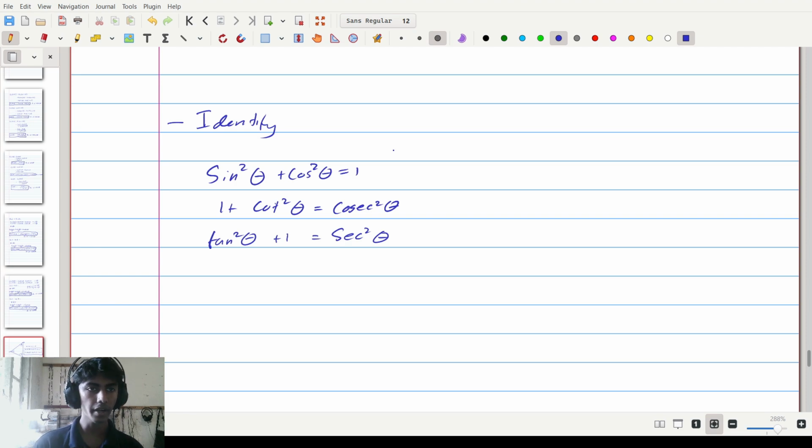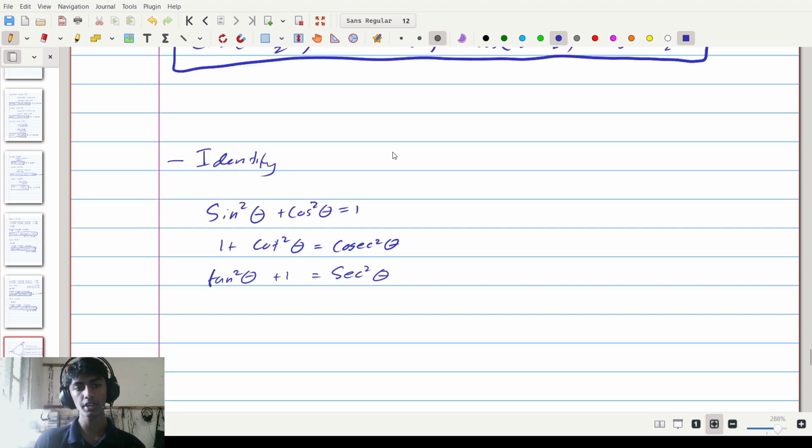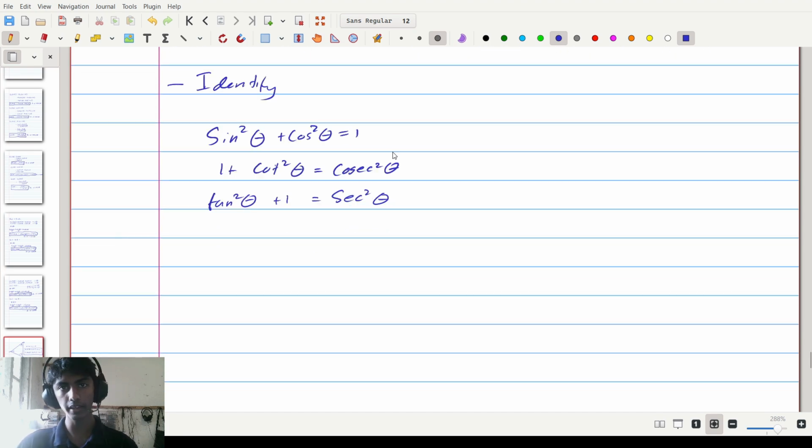After deriving these 3 Pythagorean identities, we then moved on to a different set of identities considering the sum of 2 angles as sine, cosine and tangent. We found the sine of a plus b, which if you don't remember, go up and check it.